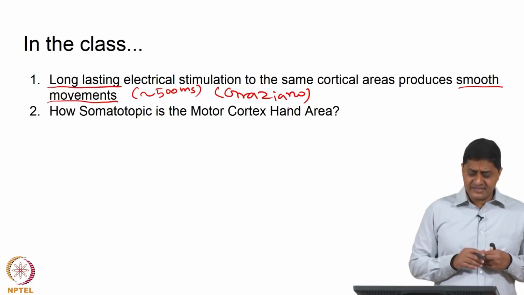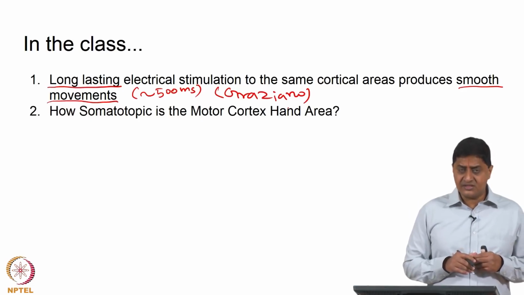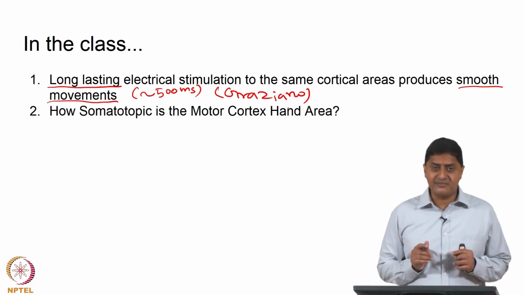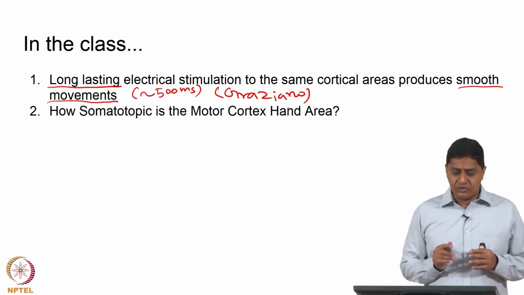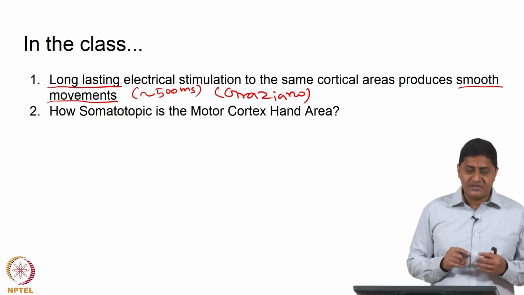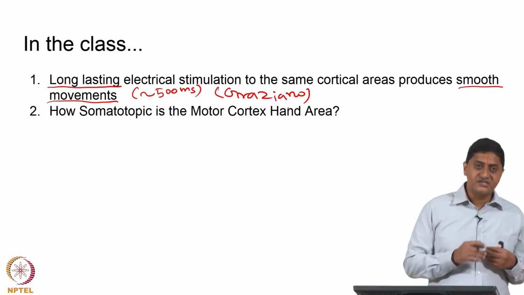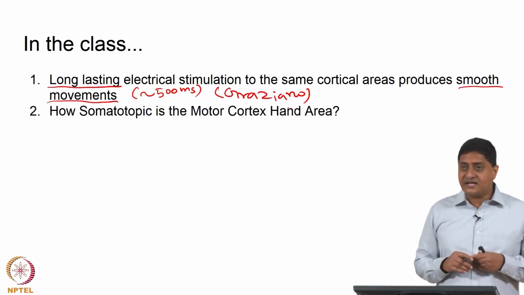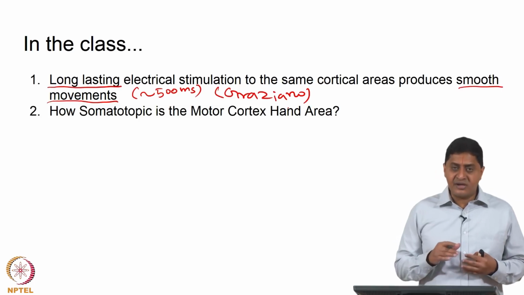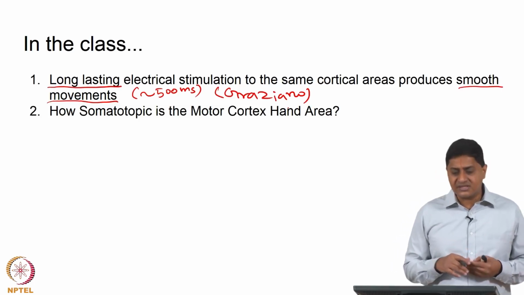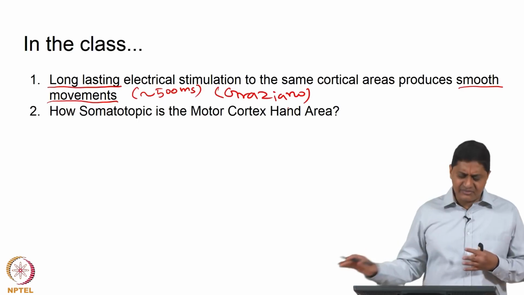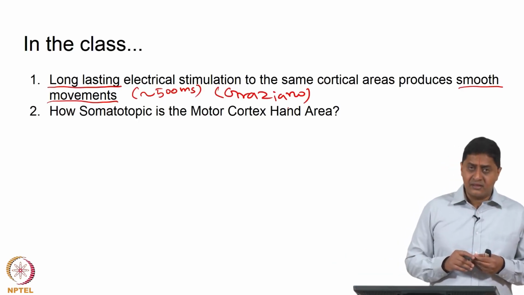In the second topic, we will discuss somatotopy. What is somatotopy? Let us remind ourselves. Somato means body, topy means map. So, we said in one of the earliest discussions that there is a map of the body present in the motor cortex and in the somatosensory cortex and in some other areas of the brain.